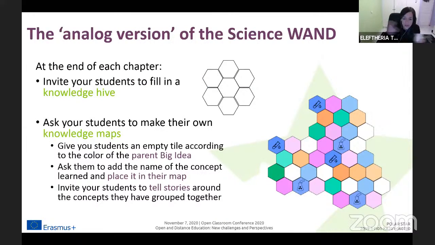And this is not just some fun thing that we thought of. This idea of creating these maps and asking students to make the links tangibly with hexagon tiles and getting them to tell stories is based on 2 art tools.